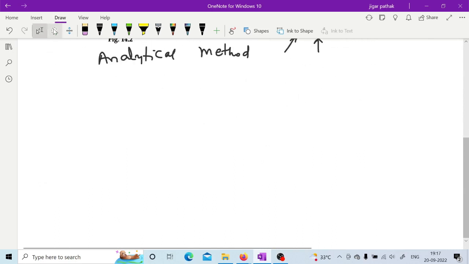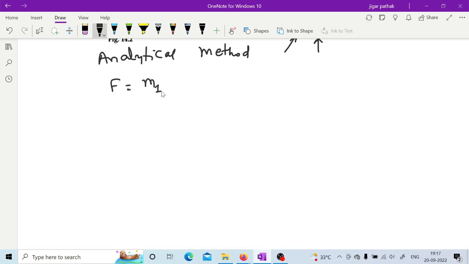So in case of the analytical method, what you have to do is, you observe that here the force is m1 r1 omega square plus m2 r2 omega square plus m3 r3 omega square, right? Here it is statically balanced, it means this F, whatever you have calculated, must be 0, right?